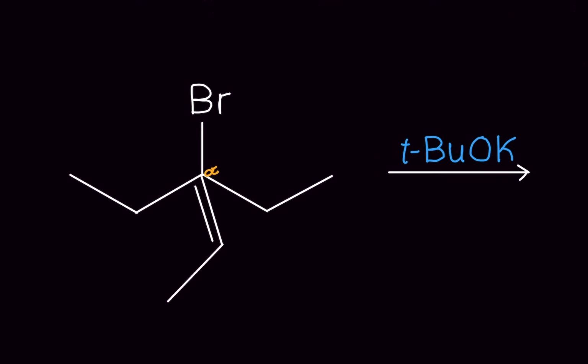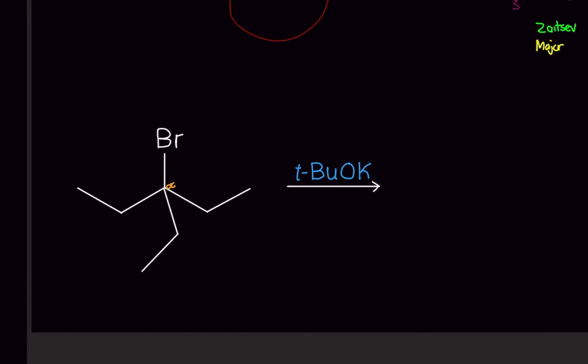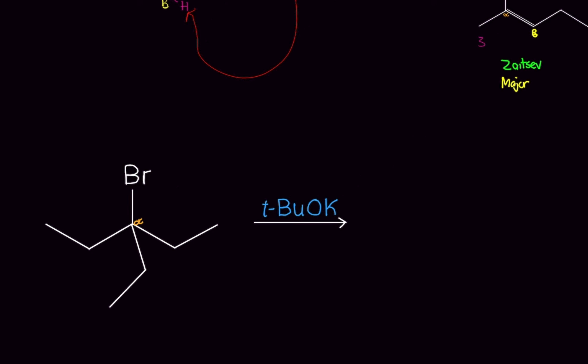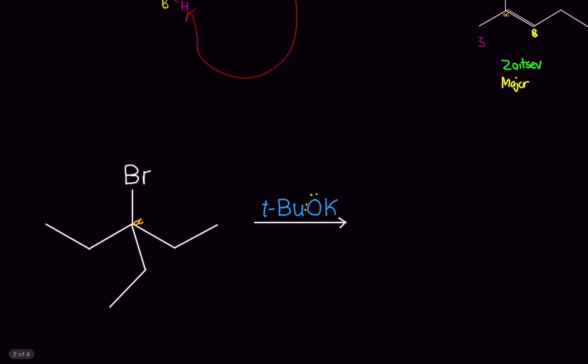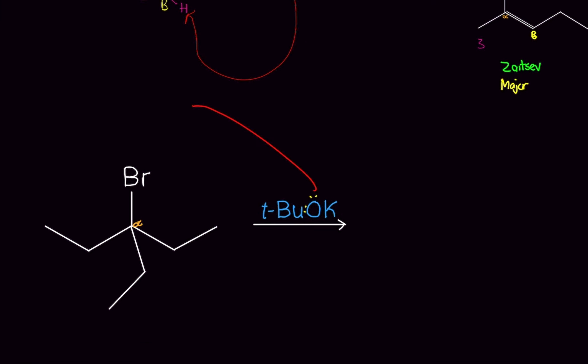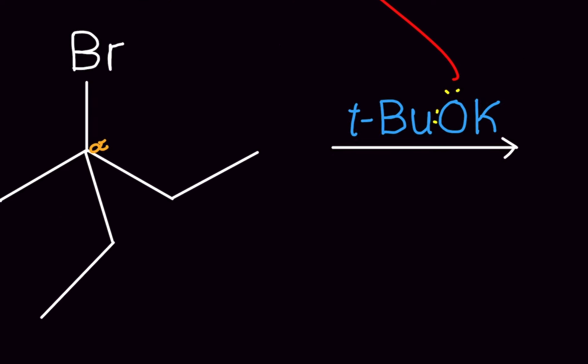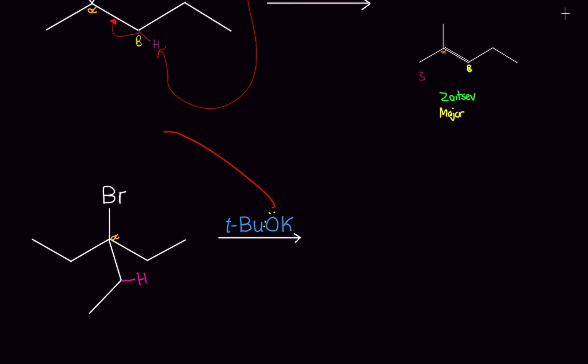But let me just show you the mechanism. Tert-butoxide is going to steal, let's go for the bottom one here. So let me draw the proton. Tert-butoxide, the oxygen is going to steal the proton from here.